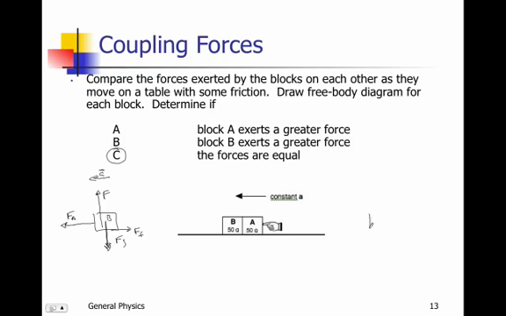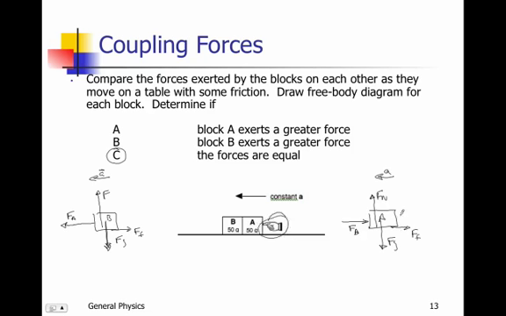Then block A also feels force of gravity and force of the normal. It too feels a frictional force resisting its motion. A is pushing that way on B, and B is pushing an equal and opposite force on A. But it is accelerating, so there's one more force we haven't taken into account, which is what this hand is doing.